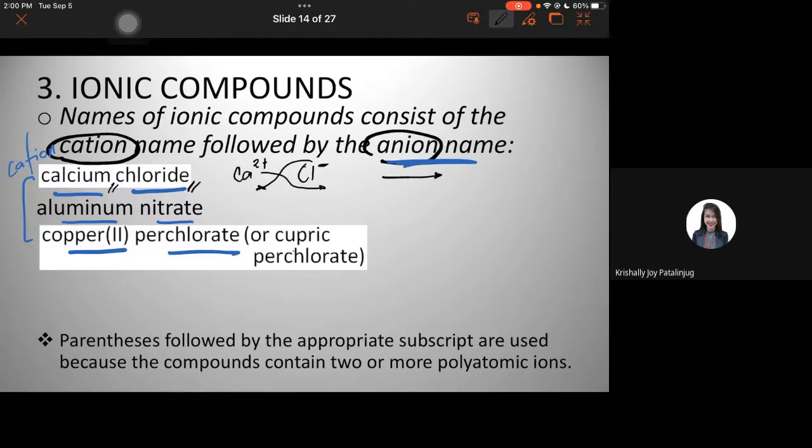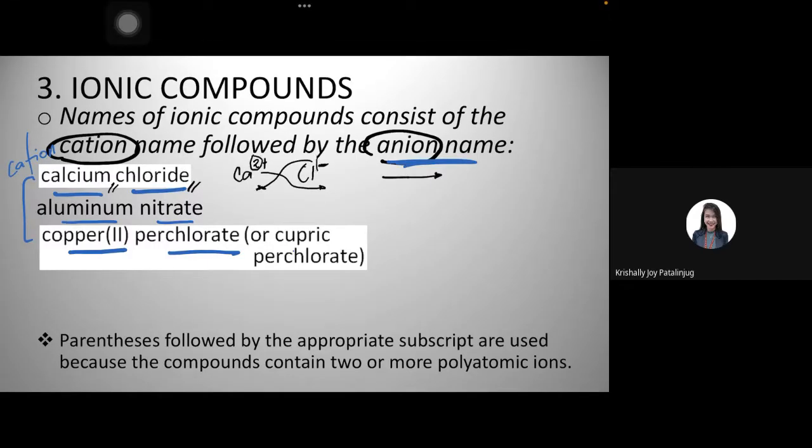In the crisscross method, the numerical value of the charges, you cross it over and they become the subscript of each other's ion. Calcium here will not carry any subscript because a subscript of 1 is just imaginary. And then Cl will be followed by a subscript of 2. So this is the final chemical formula of calcium chloride.